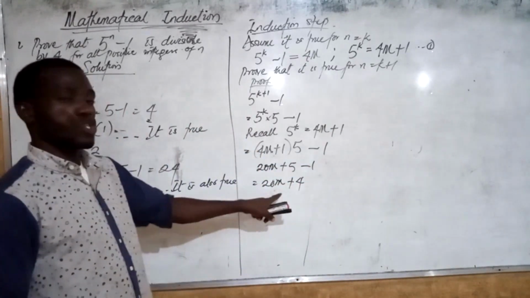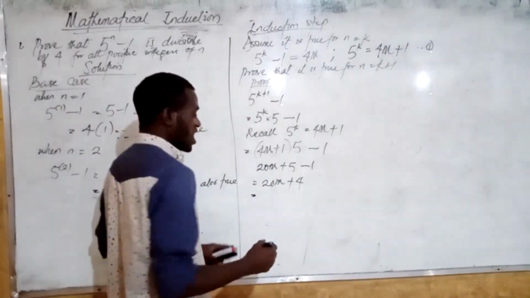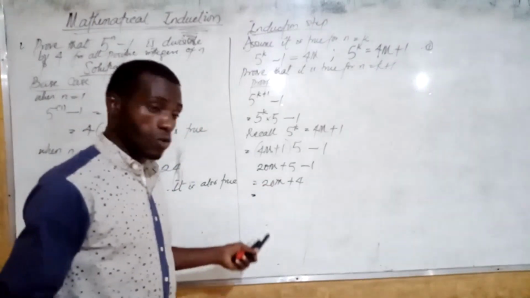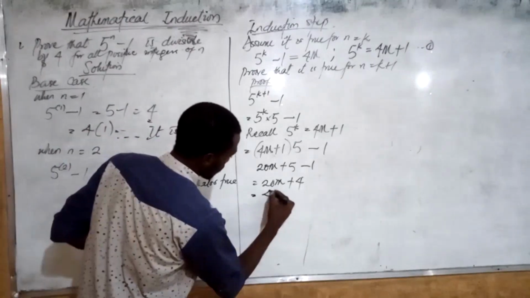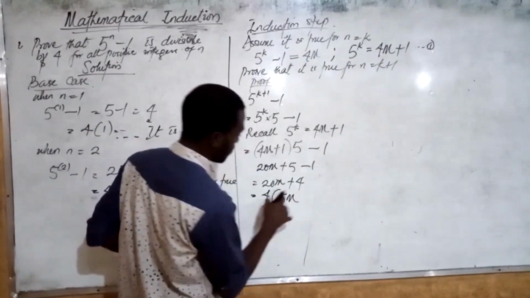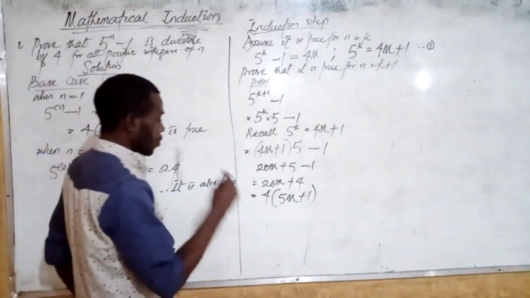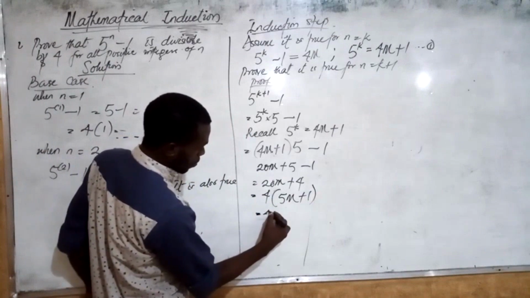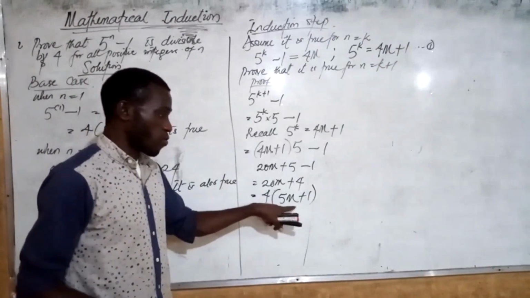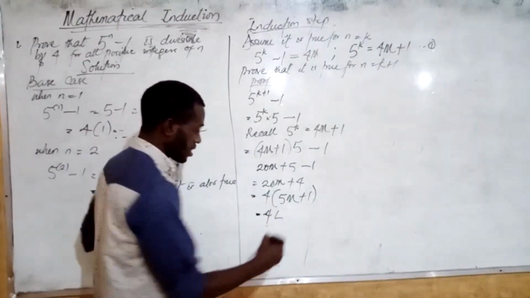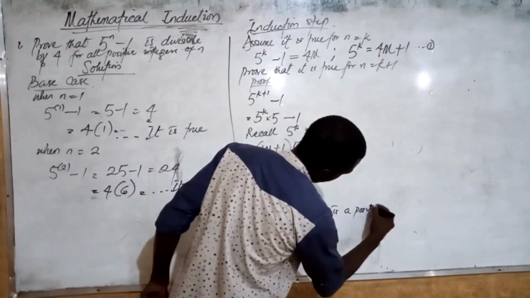Now, in order to be sure that this is actually divisible by 4, let's factor out 4. If 4 can be factored out, then the statement is true for n equal to k plus 1. So 4 into bracket, here we have 5n left plus 1 left. Since 4 can be factored out, we know that it is true. We have gotten 4 in bracket L, where L is a positive integer.